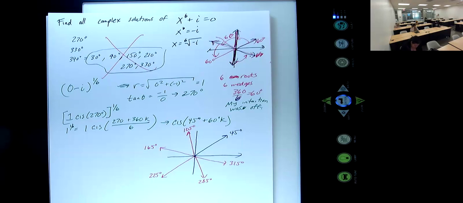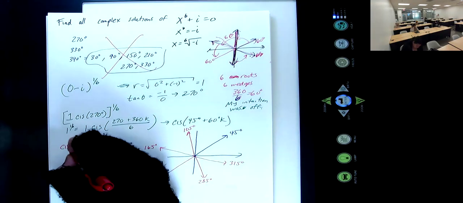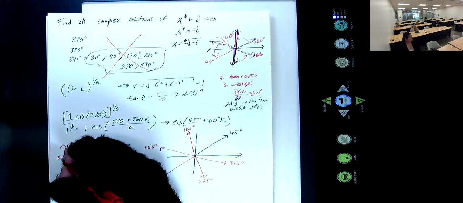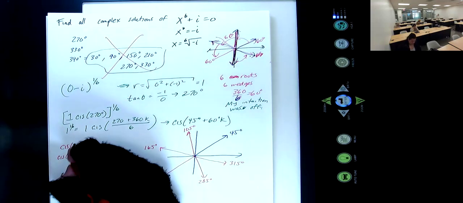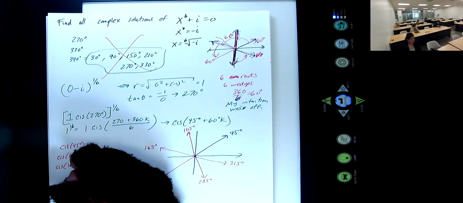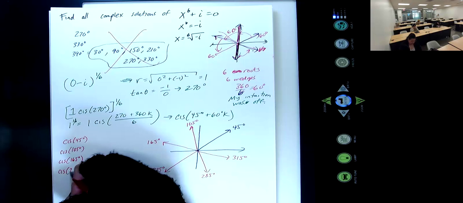So we have to go through and find cis 45. This is calculator work at this point.